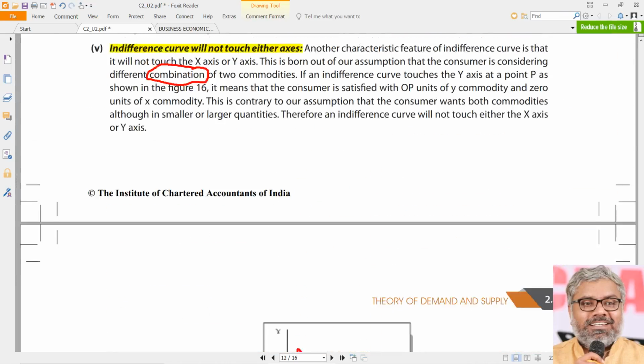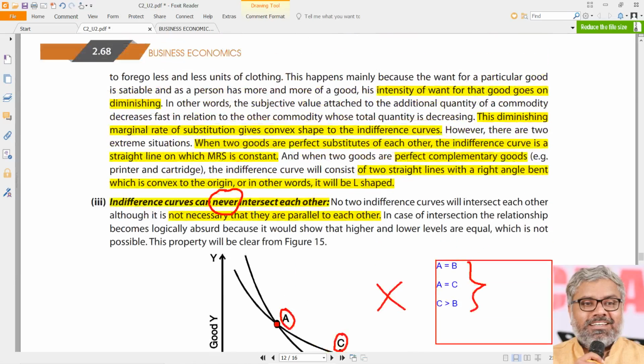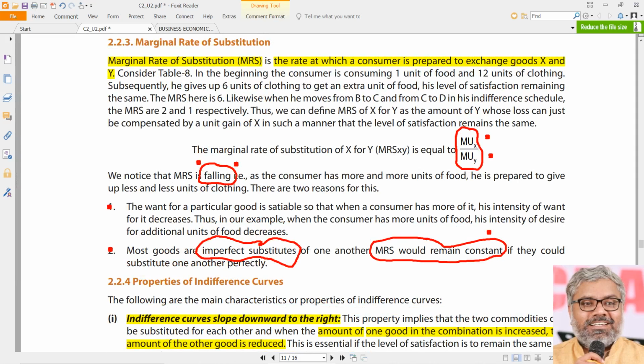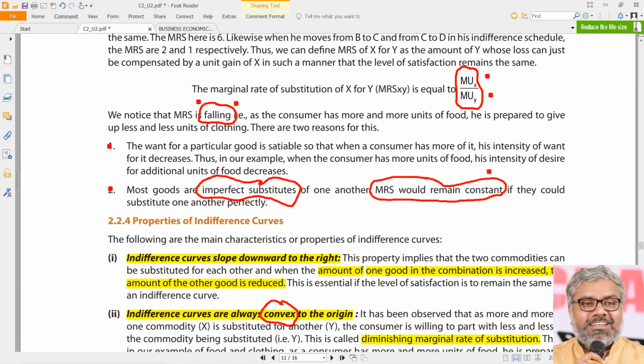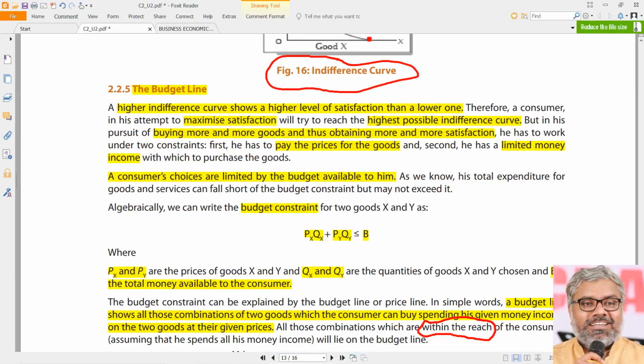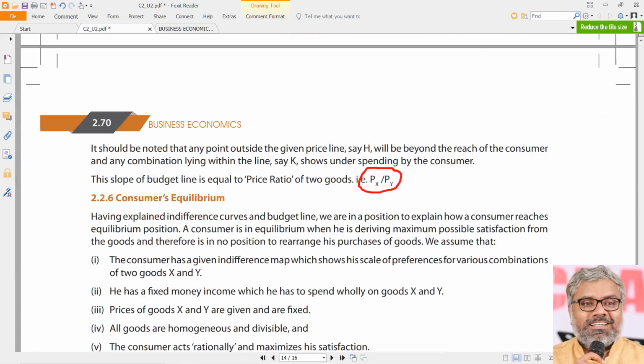And I would like to remind you one more point. The slope of the indifference curve is MUx divided by MUy. That's the marginal rate of substitution, right? So the slope of the indifference curve is MUx divided by MUy, and the slope of the price line or budget line is Px divided by Py.